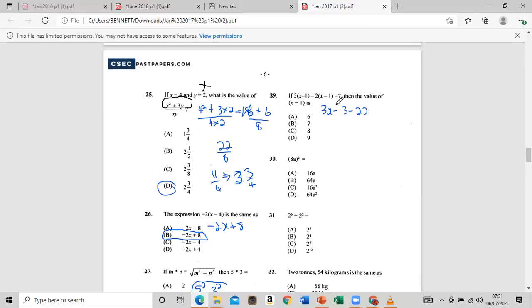And negative times a negative, that's positive 2. And all of this equals 7. So we just solve for x first. I've got the like terms: 3x minus 2x, negative 3 plus 2. I'm just doing it like how I do it already.